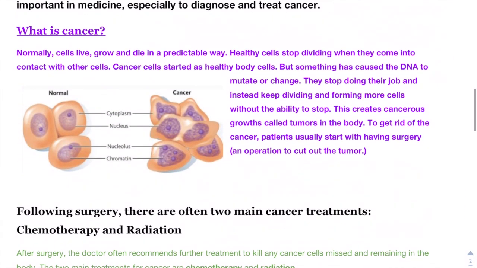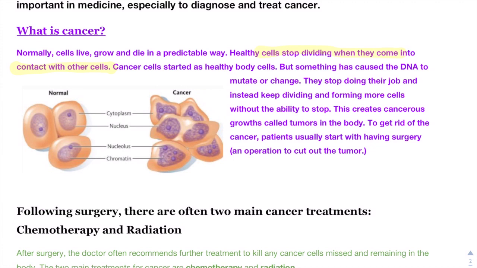So what is cancer? Normally, cells live, grow, and die in a predictable way. Healthy cells stop dividing when they come into contact with other cells. That sounds like it might be part of the answer to our question. Cancer cells started as healthy body cells, but something has caused the DNA to mutate or change.